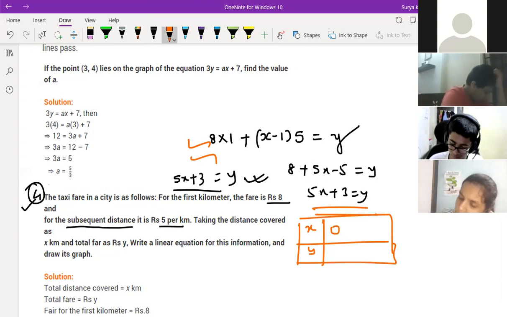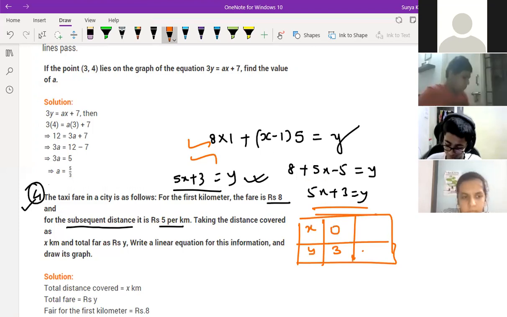If x is equal to 0, y is equal to 3. If y is equal to 0, then x is equal to minus 3 by 5, no? Yes, sir. If x is equal to 1, y is equal to 8.